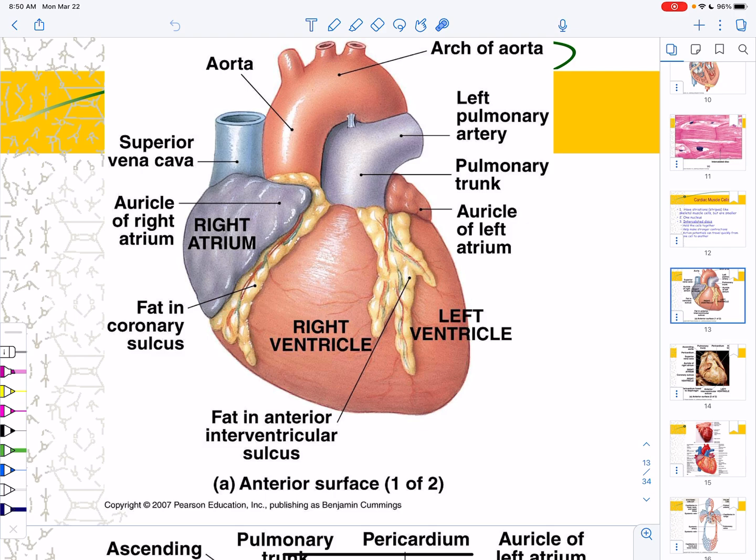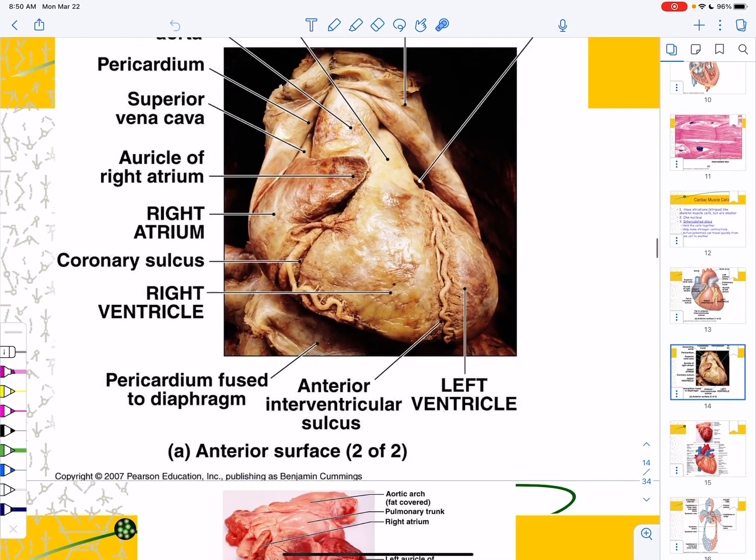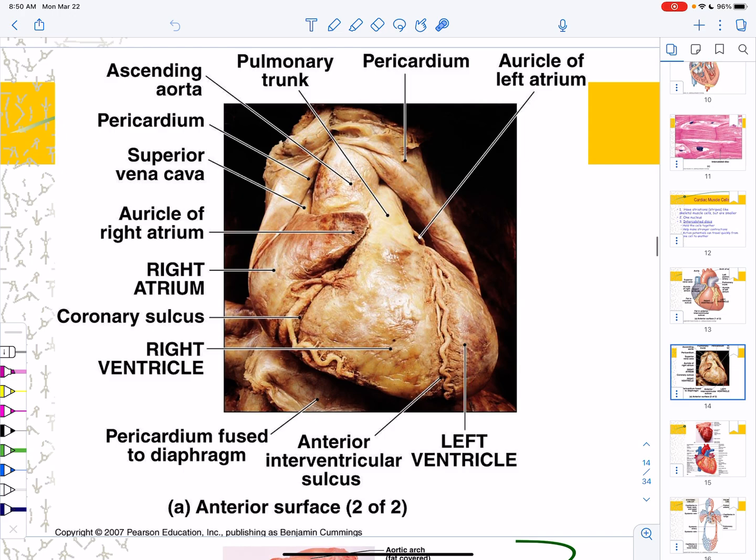So I want you to know that there is something called the interventricular septum, which separates the left ventricle from the right ventricle. And that interventricular sulcus that's here has the coronary artery in it, one of the coronary arteries in it.